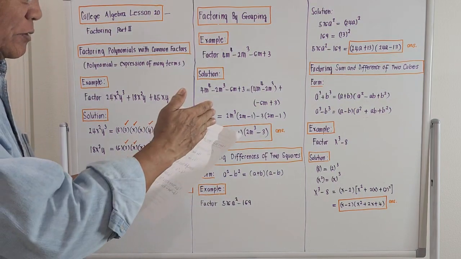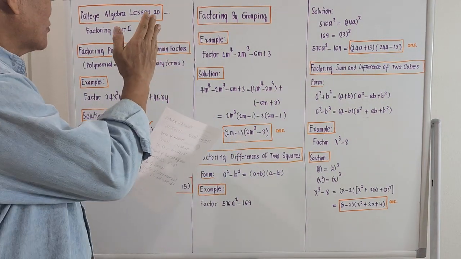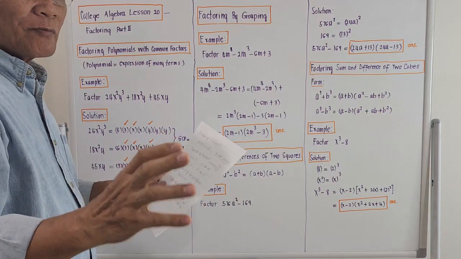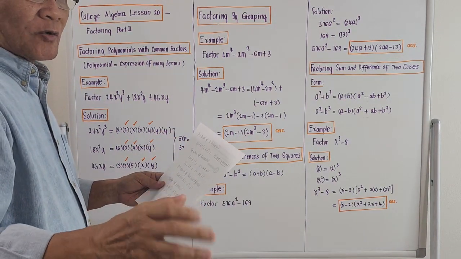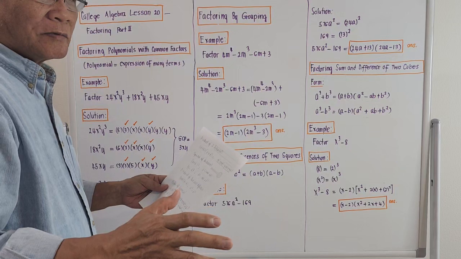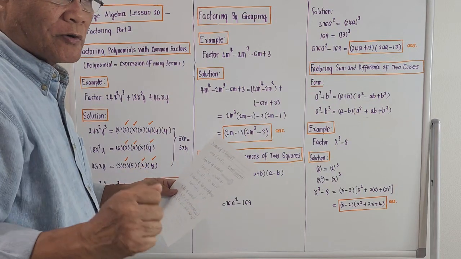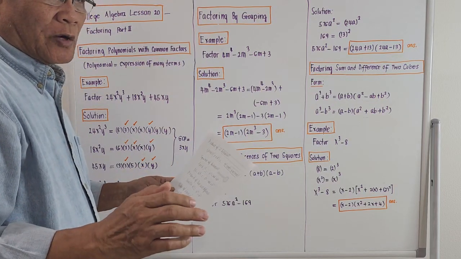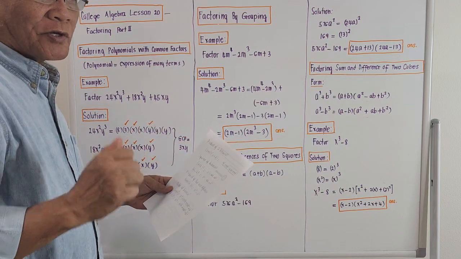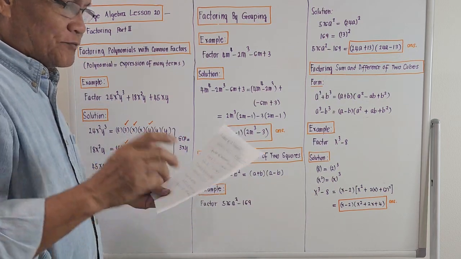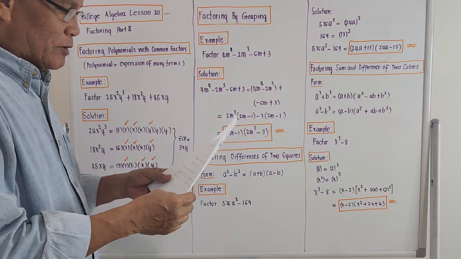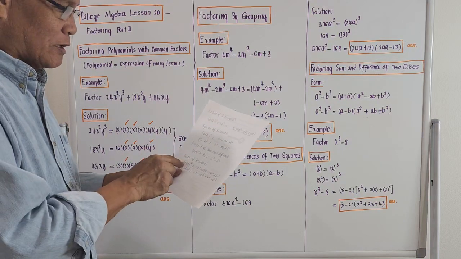Actually, the first four topics from lesson number 19, we don't have to memorize, okay? As long as you know how to expand or use the distributive law, we could perform those factorizations. Except maybe for the cube of a binomial, because it is a little bit longer.